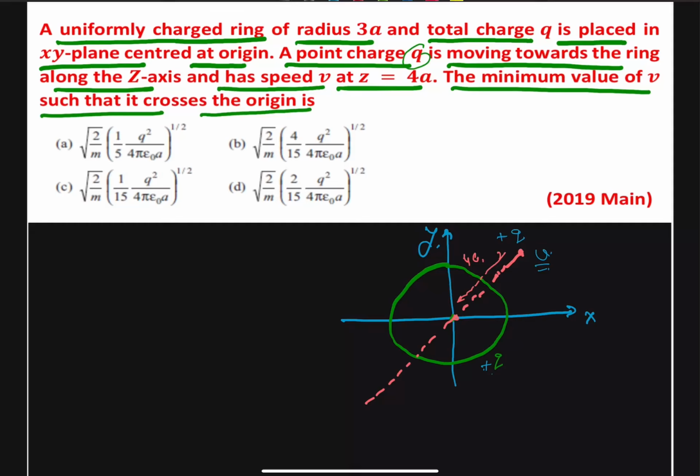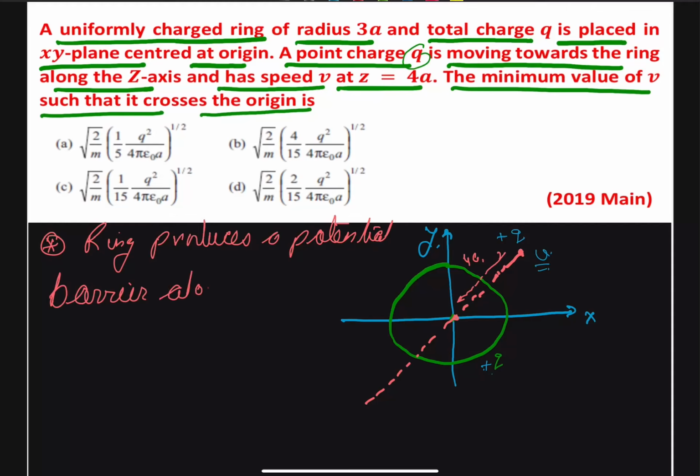So we start with this: the ring produces a potential barrier along the z-axis, and we can find this potential.